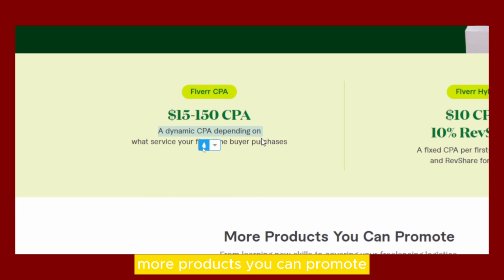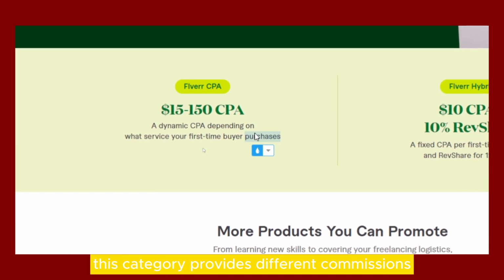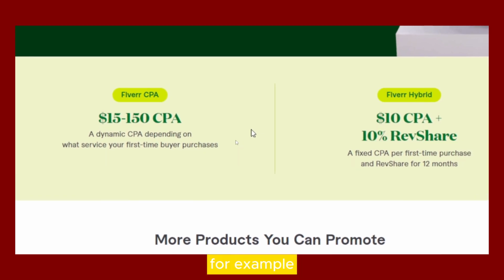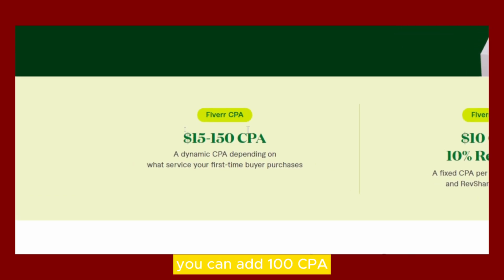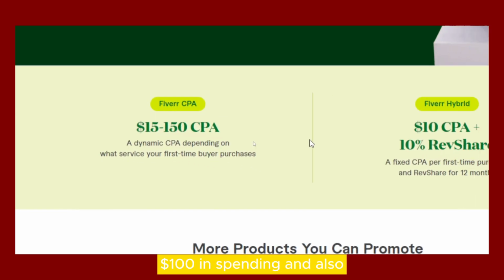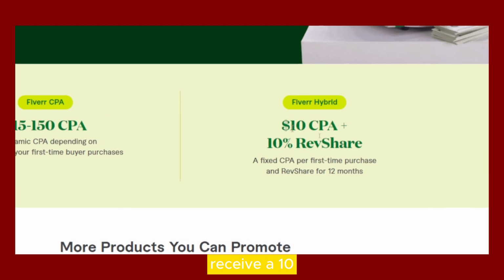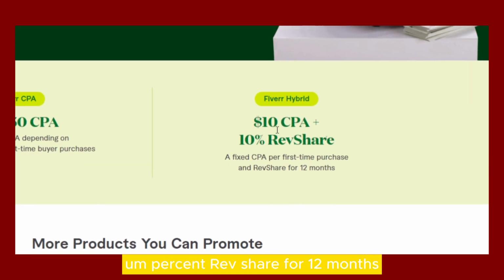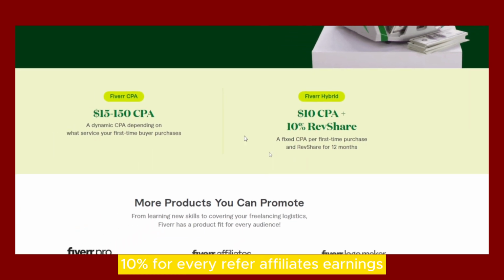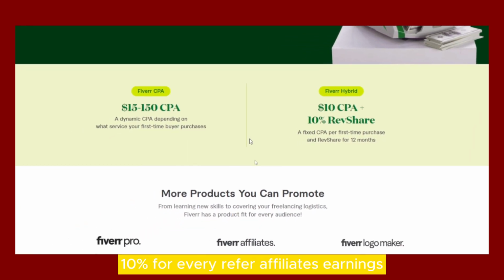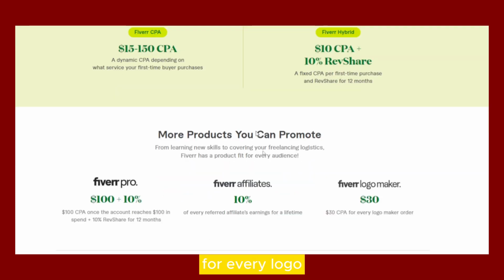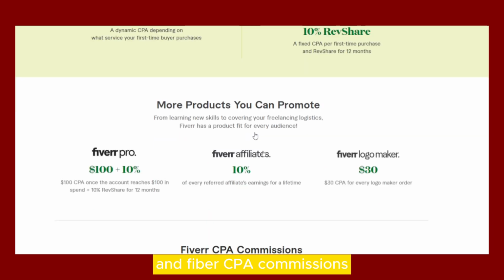More products you can promote: this category provides different commission structures based on the product or service referred. For example, you can earn $100 CPA once the referred account reaches $100 in spending, and also receive a 10% rev share for 12 months. You can also earn 10% of every referred affiliate's earnings for a lifetime. There's a 30% CPA for every logo maker order.